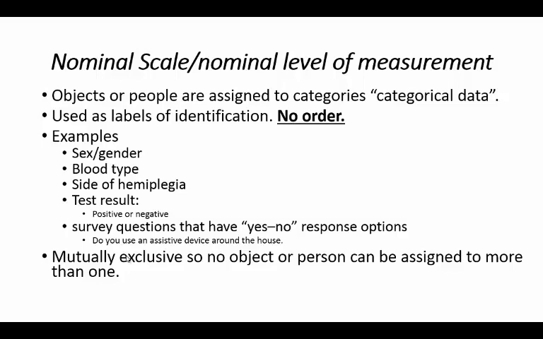A person either has right hemiplegia or left hemiplegia. There is no overlap. So the object or the person is assigned to one category only. He can't be assigned to another category. There is no overlap between categories. So that is important to know about the nominal scale.